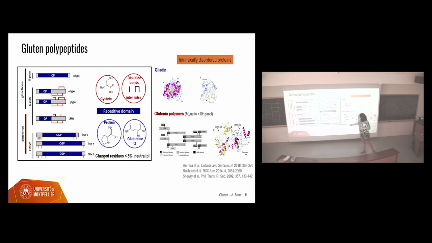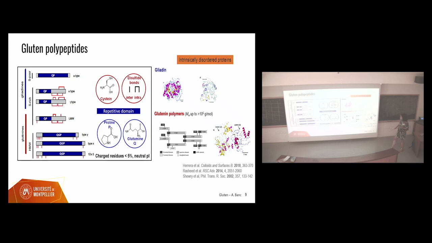An important point to say is that this protein contain a low content of charged amino acids. That's why they are not soluble in water. And they also contain a large quantity of proline and glutamine that appear in repetitive sequence that are represented here in blue. And these amino acids are specific in the fact that glutamine can form hydrogen bonds and proline induce a disorder in the polypeptidic sequence.